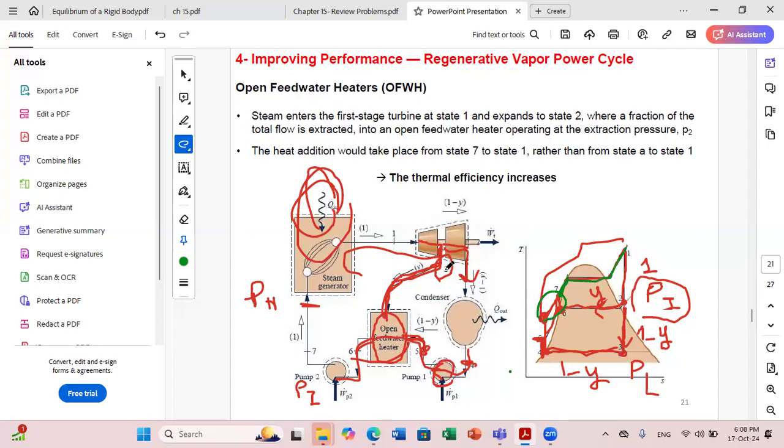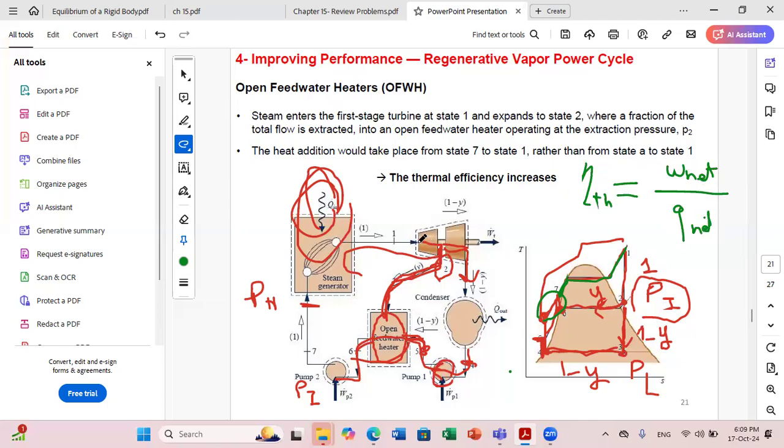And if you want to calculate your thermal efficiency now, please pay attention that the mass flow rate circulating is not the same over the whole cycle. That's why, when you do the analysis per unit mass flow rate, take small w net over q net. First, for small w net, what do we have here?